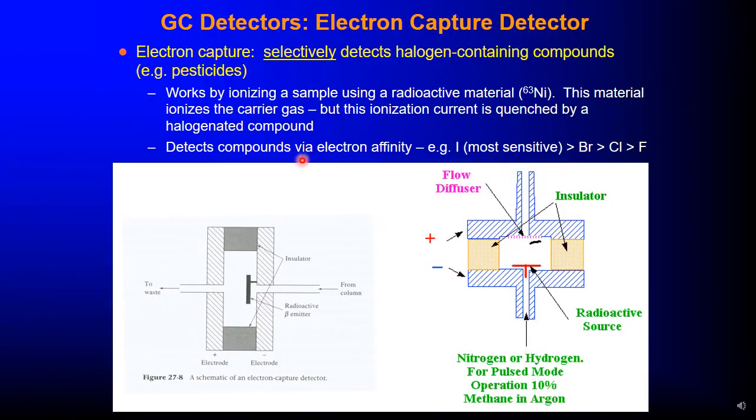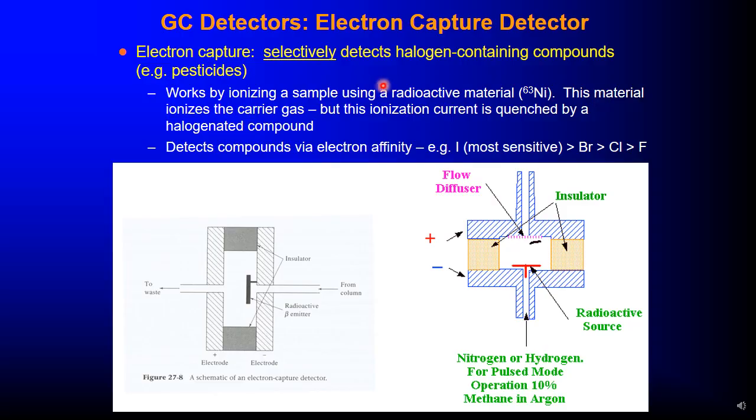Then electron capture, majorly for detecting halogen containing compounds like pesticides. It works by ionizing a sample using a radioactive material, majorly nickel 63.